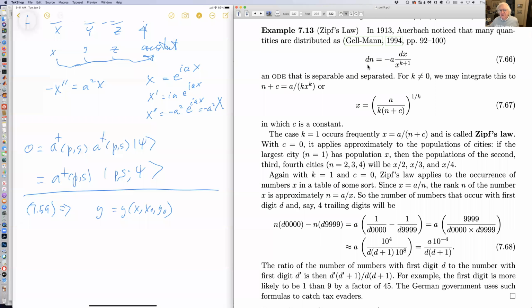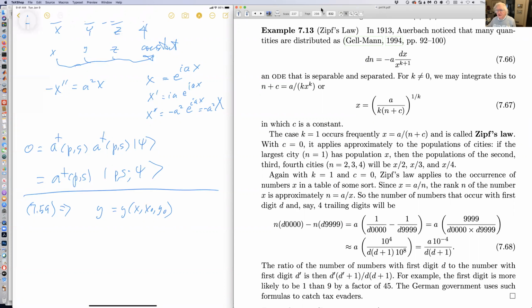And then the deal is that typically dn is minus a dx over x to the k plus 1. And if k is not 0, we can solve this, and we find that n plus c is a divided by k x to the k, or rewriting it, we get this expression: x is a over k n plus c to the 1 over k. So this gives you the value of the item that has rank n.